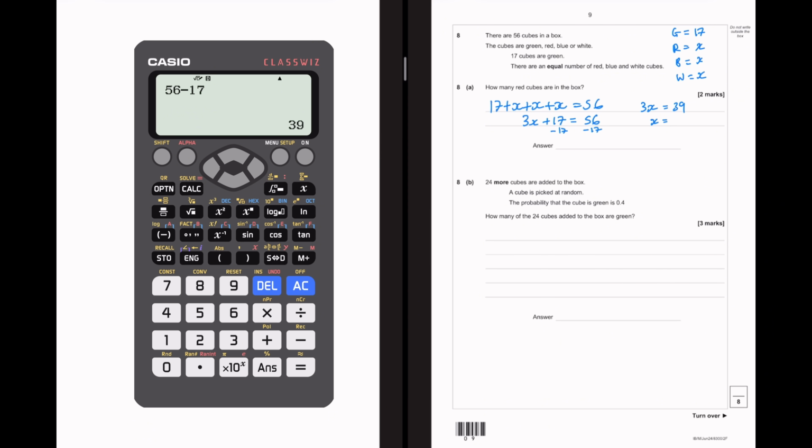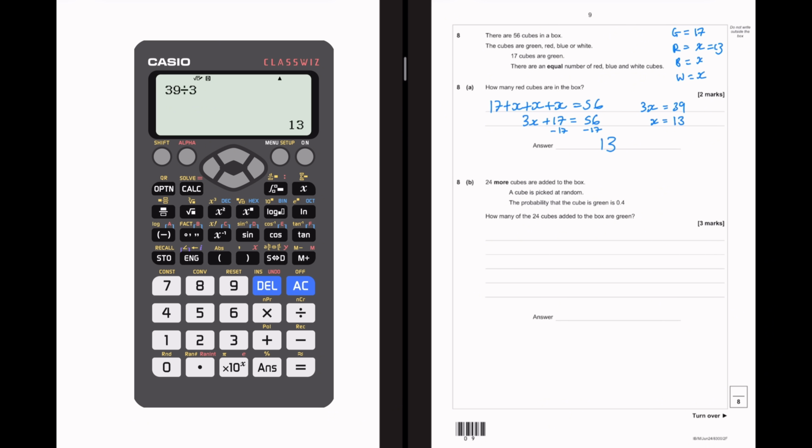And then if we divide both sides of the equation by 3, X will equal 13. So how many red cubes are in the box? There are 13.